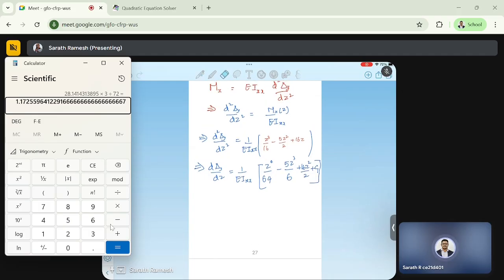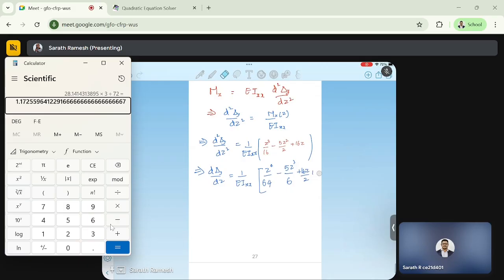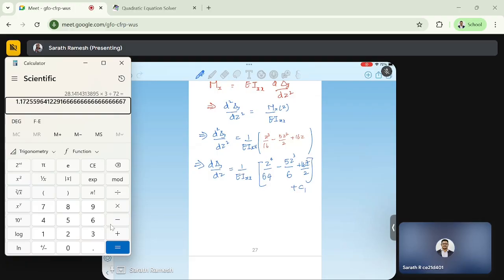C1, let me take it outside so that z square. Okay. Right.